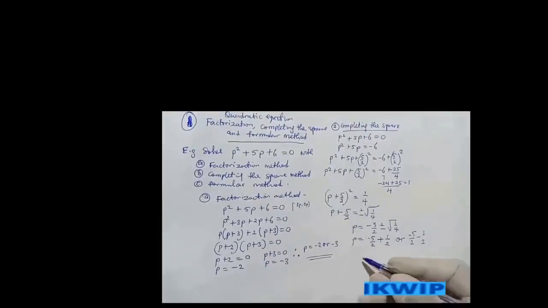Okay, so I have p equals minus 5 plus 1 over 2, because the denominators are the same, so I'll take one of them. So here I have minus 5 minus 1 over 2. So this will give me minus 4 over 2 or minus 6 over 2.